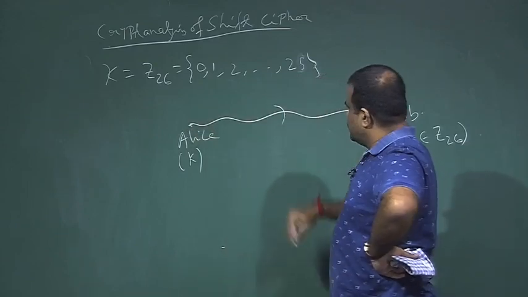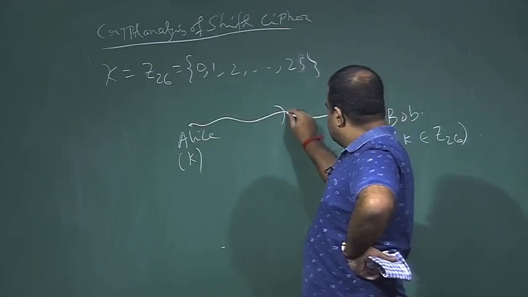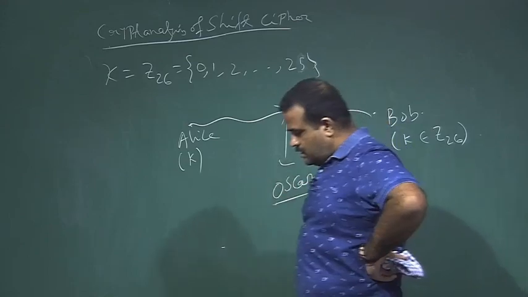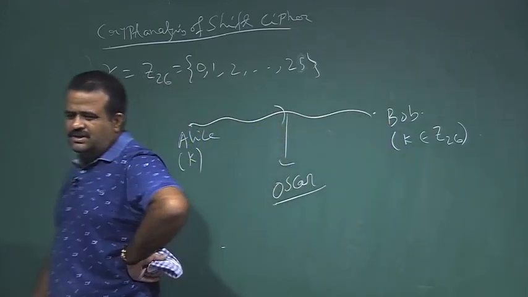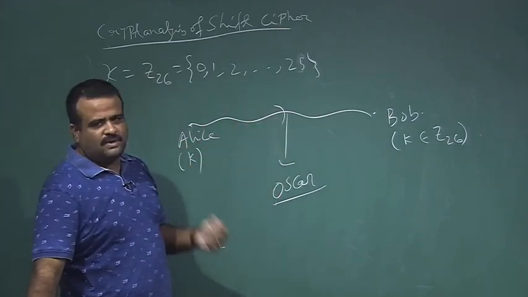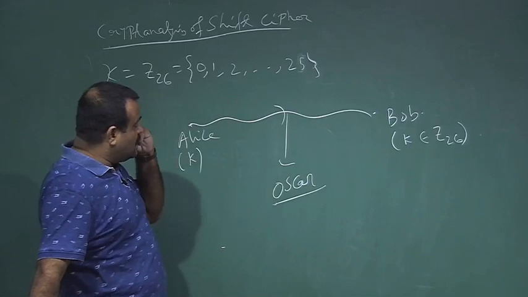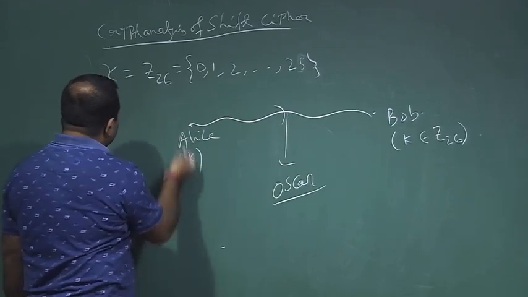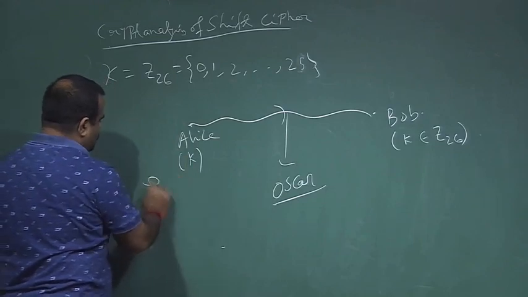So, they are communicating. So, now this channel is typically captured by Oscar. This is a public channel, nothing to capture. I mean, everything is public in this channel. So, now Oscar knows they are using the shift cipher. Oscar knows that they are using shift cipher.